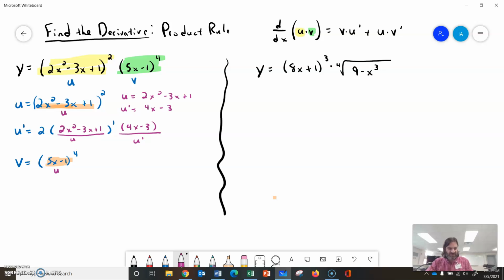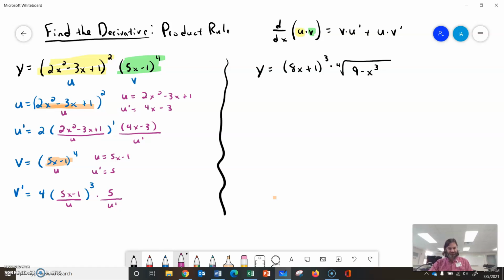So the u in that is 5x minus 1. U prime will just be 5. So when I go to v prime, it'll be 4, the exponent coming out front, times the quantity raised to the third power where I decrease the power. So u goes inside, u prime goes on the outside, so that's 5x minus 1 on the inside and 5 on the outside.